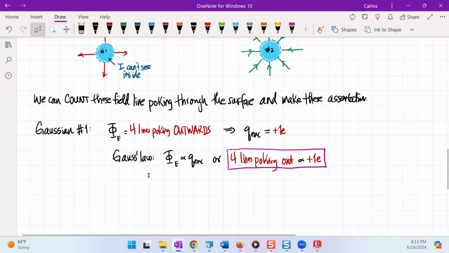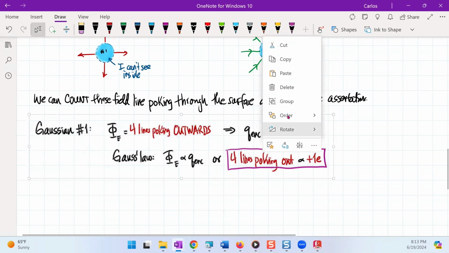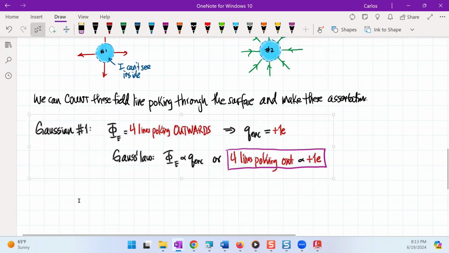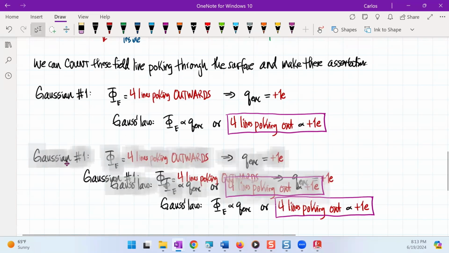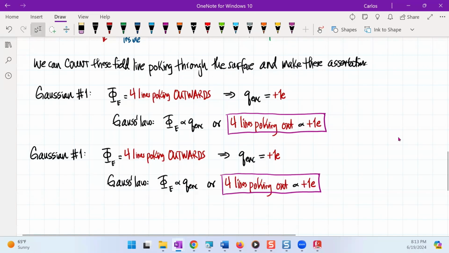So I'm going to do the exact same thing. I'm going to copy this, and then I'm just going to modify this for the Gaussian number 2. This is only to make it faster, no other reason. So now we can see that this is 2. And then we now have green.